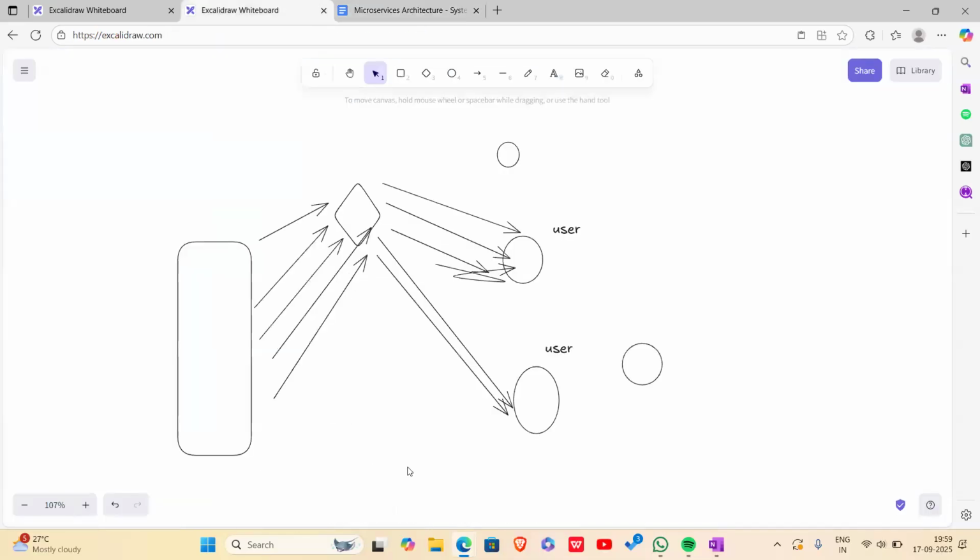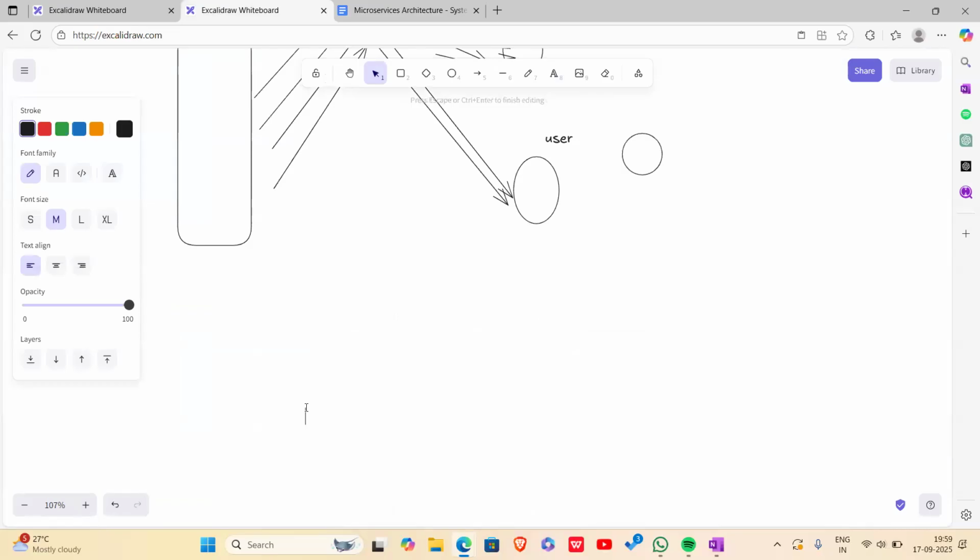So the eighth is nothing but products, not projects. It's a nice one.